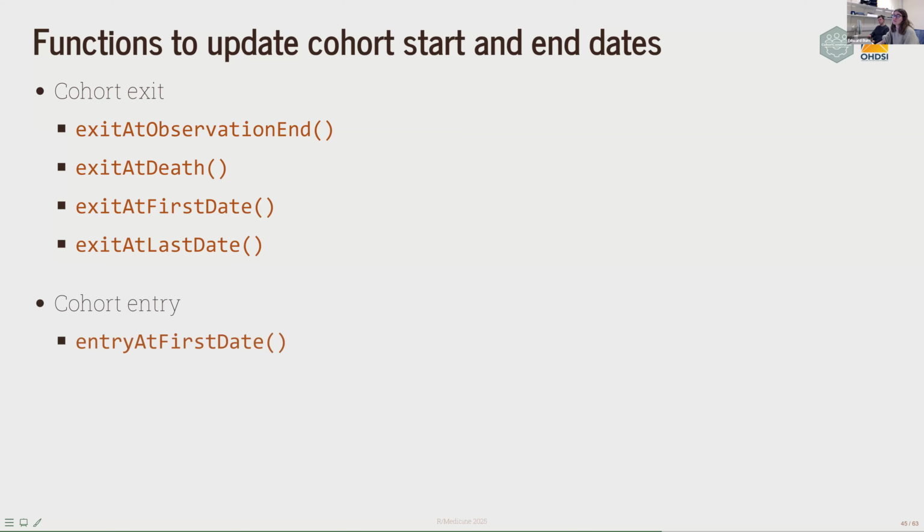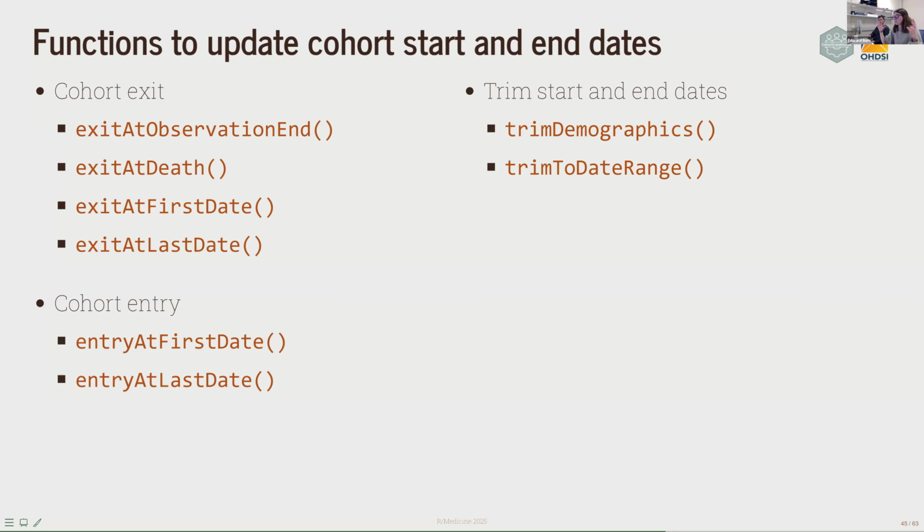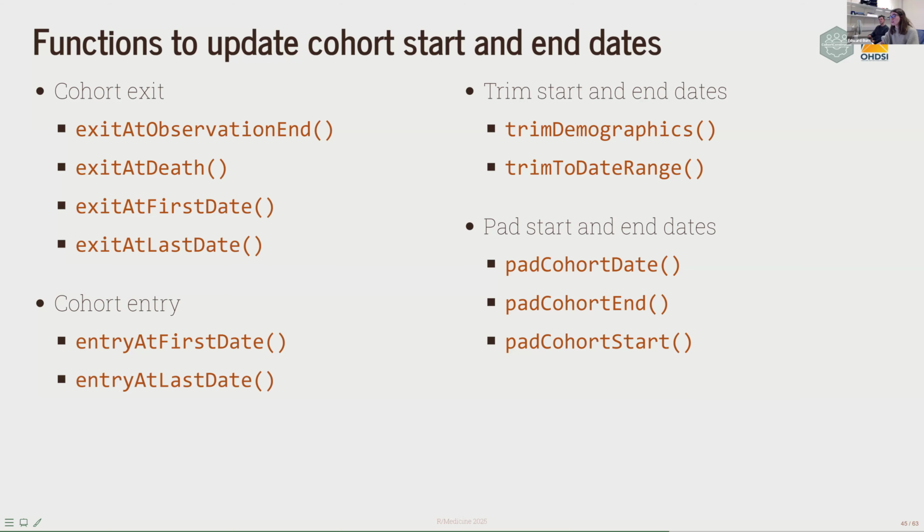And we have very similar functions to update entry to a cohort to the first or the last one of a set of columns. Then we have the trim functions, which basically allow you to shrink the start and end dates of a patient to meet certain demographic requirements or to be in a certain date range. And finally, we have the pad functions, which add and subtract a certain number of days to either the start or the end.